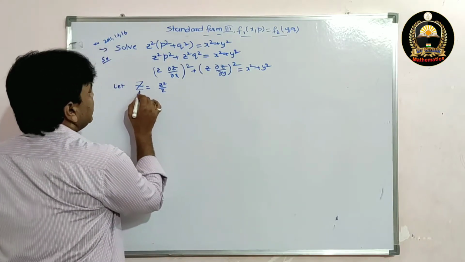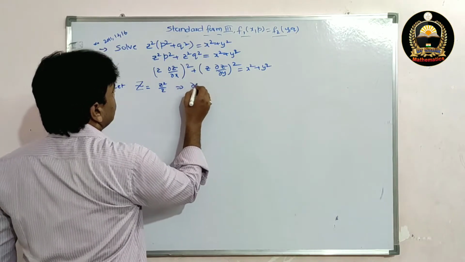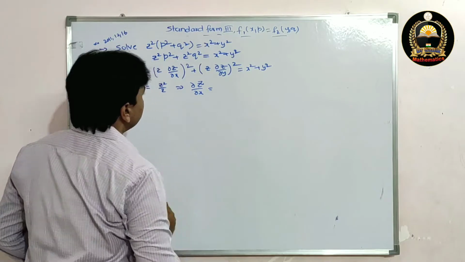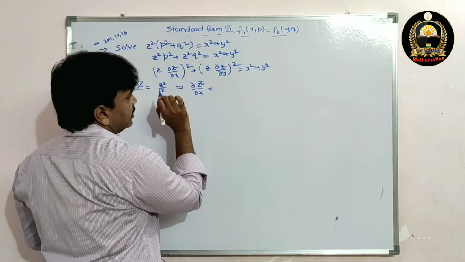Now simply I want to find dou capital Z by dou x. Differentiating with respect to x, we know z is a function of x and y.